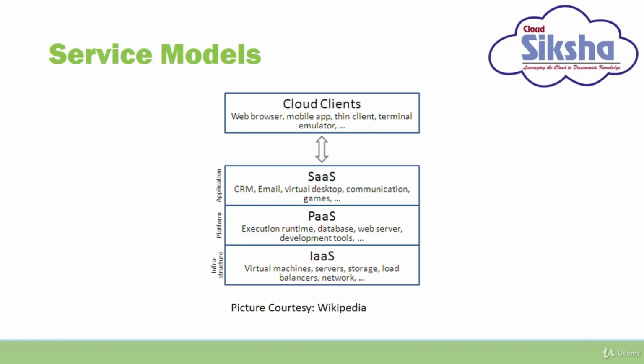Or you can get an execution runtime, database, web server, development tools, and all from a PaaS provider. Or from an IaaS, you can get virtual machines, storage, load balancers, networking, and so on. So this gives you an idea of the different service models which are present in the cloud.